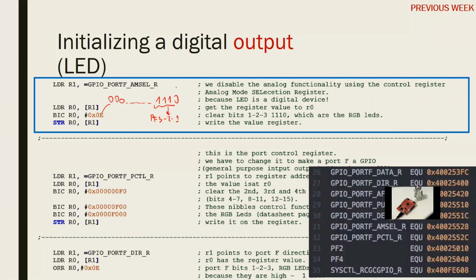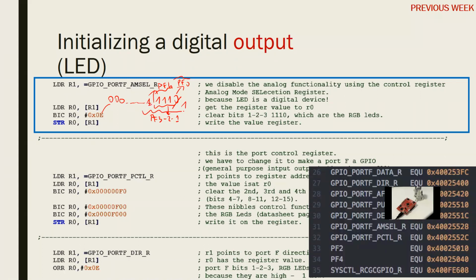But this time I'm going to be using PF0 and PF4 as well because I want to initialize my switches as well. And switches are, in our case, also digital devices. I'm going to deselect the analog mode for them. That's why these should be 1 as well.